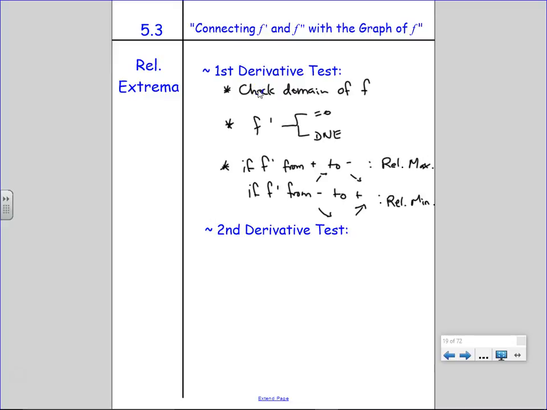Second derivative test, we still have to technically think about the domain. We still have to find what? Zeros? Not enough. PIPs?